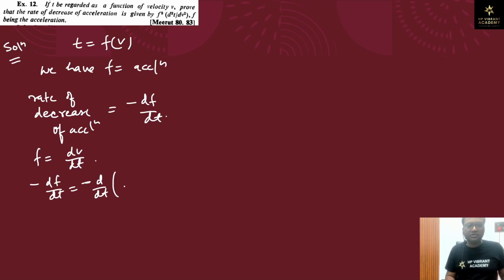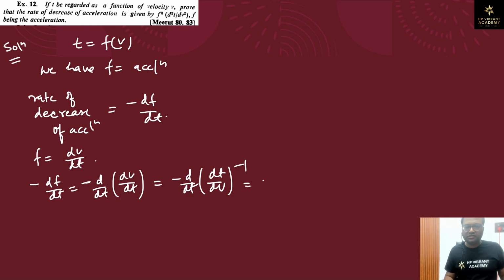We have f is equal to dv upon dt, and since t is regarded as a function of velocity, minus df upon dt is equal to minus d upon dt of dv upon dt. This we can write as minus d upon dt of (dt upon dv) to the power minus 1.